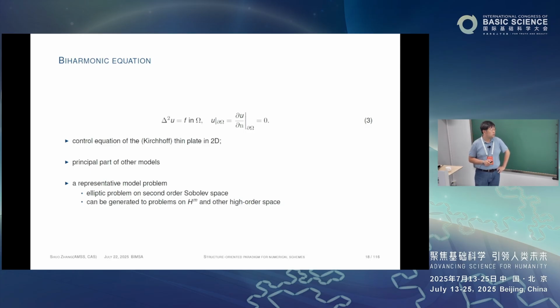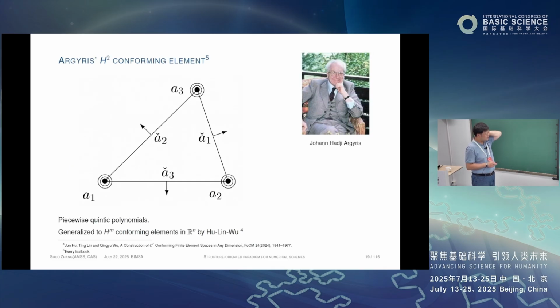So how to solve it? I just focus on the finite element method in this talk. How to construct the finite element space? Johann Argyris presents the H2 conforming finite element, defined as this. This finite element uses piecewise quintic, fifth degree polynomials for the shape function, and uses this continuity.